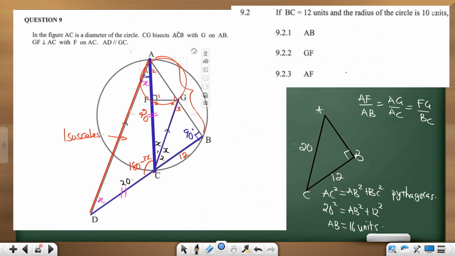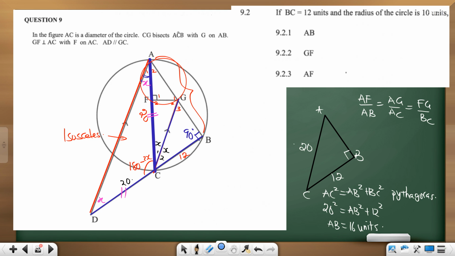Such that AG is a diameter. But will that help us? No, we can. So we can just end the circle. No, because remember, angle F there is 90 degrees. So it makes AG a diameter of a circle passing through AFG. Okay.